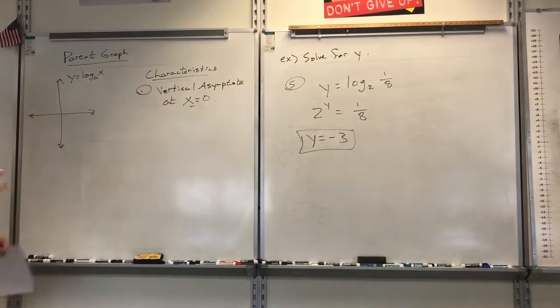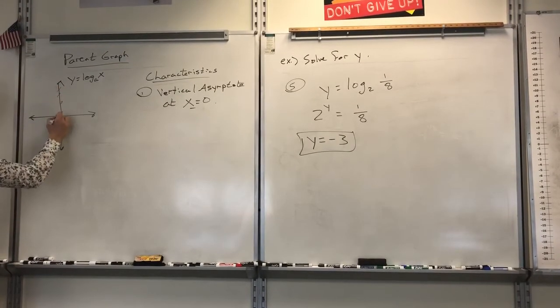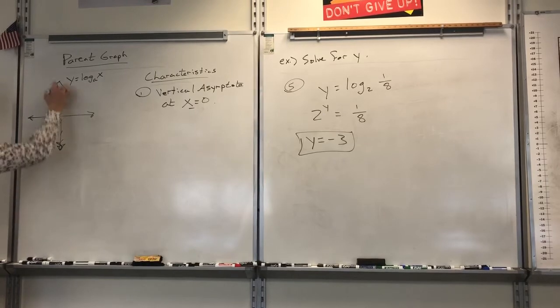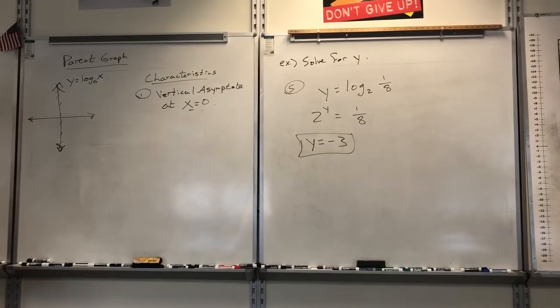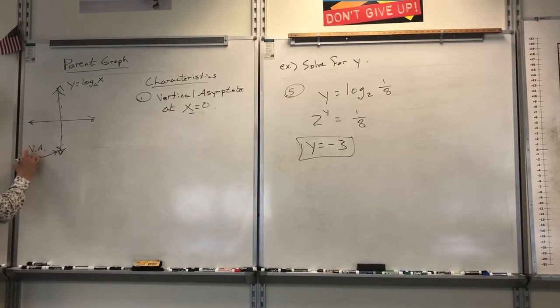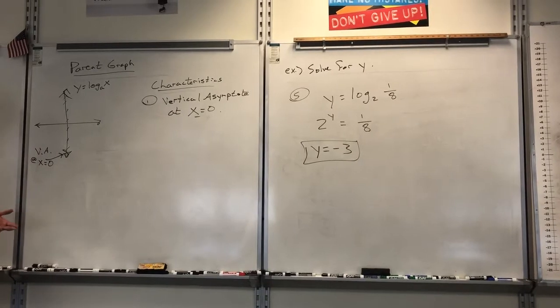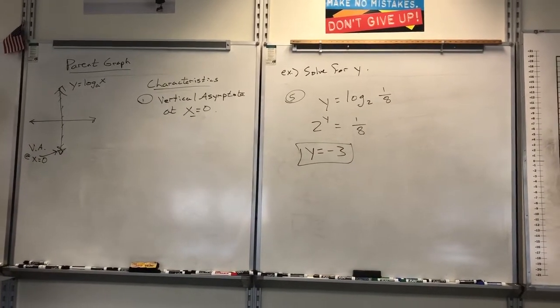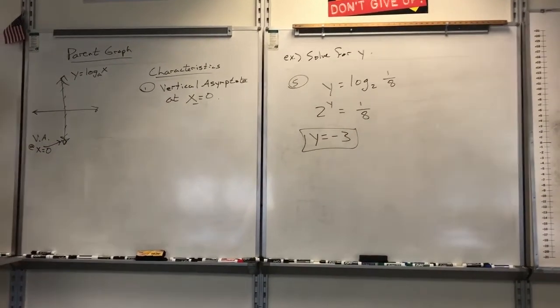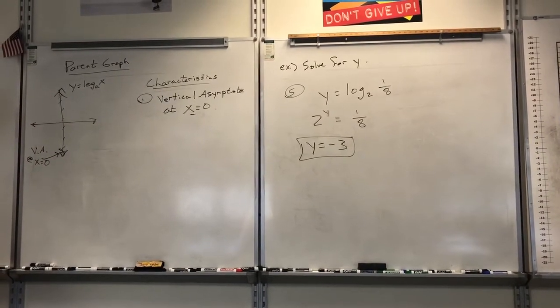Remember, back to last section, an asymptote is not really a part of the graph, but it's a guideline that our graph will approach, but it will never cross. So it can never cross a vertical asymptote. But again, we're going to get closer and closer to it when I actually sketch the figure.